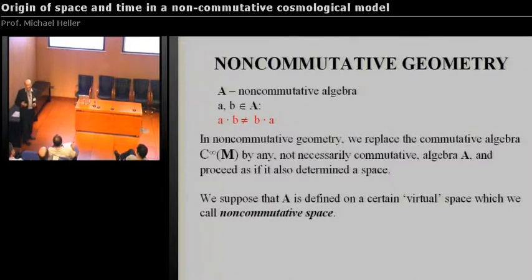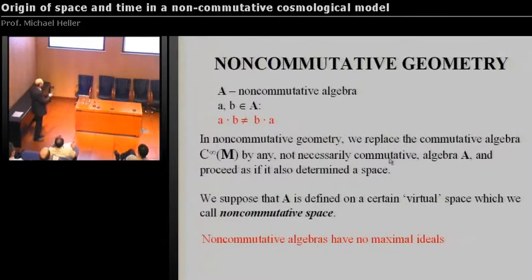But the difference is enormous, because in non-commutative geometry, in general, there are no maximal ideals, so there are no points. Some people call non-commutative geometry pointless geometry, with no point. And some malicious people say that indeed it's pointless, without meaning.